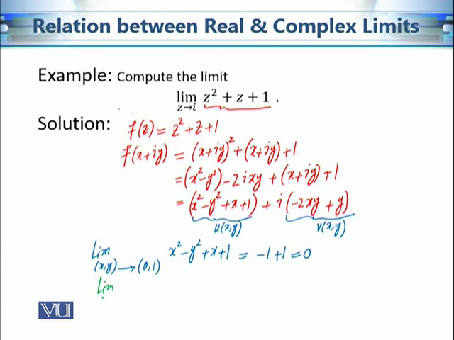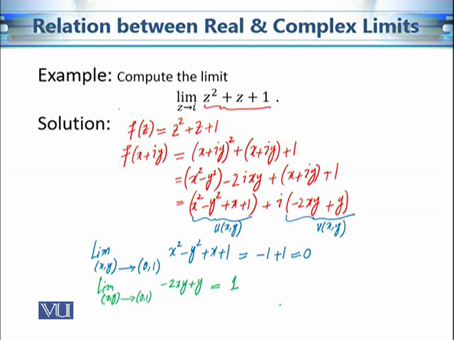Now on the same lines, we can calculate the limit of v of (x,y). So limit as (x,y) approaches (0,1) of this v of (x,y), which is 2xy plus y. Once again, x can be replaced with 0 and y with 1. So that's why it is equal to 1.